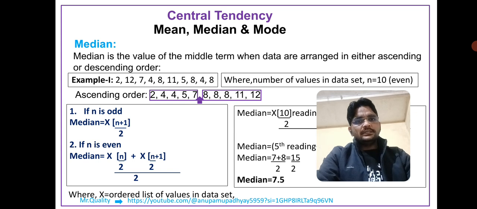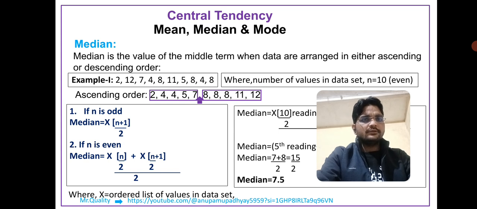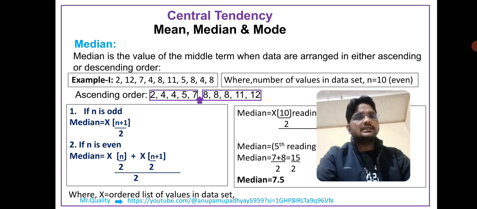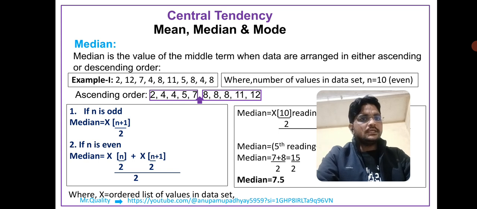In example 1, the data is 2, 12, 7, 4, 8, 11, 5, 8, 4, 8. The number of values is 10, which is even. We arrange the data in ascending order: 2, 4, 4, 5, 7, 8, 8, 8, 11 and 12.